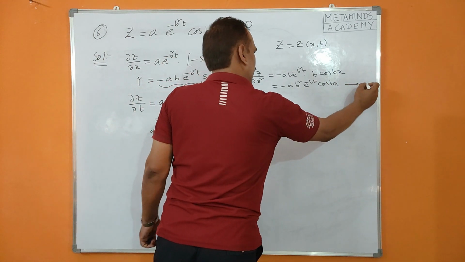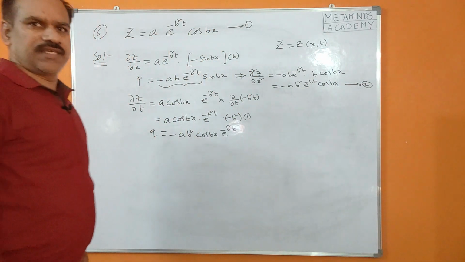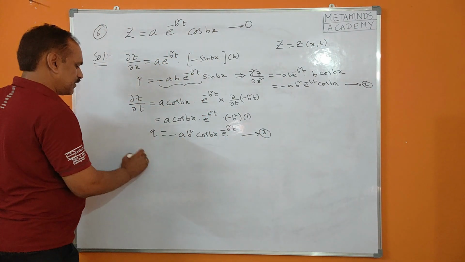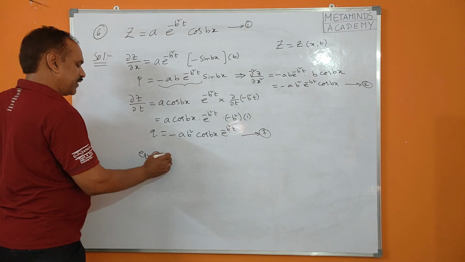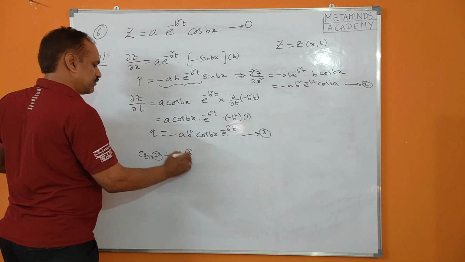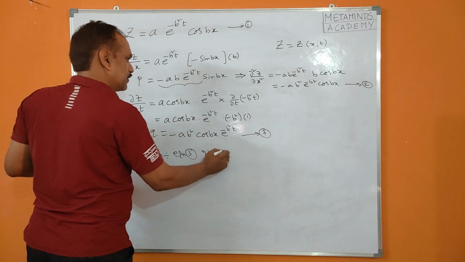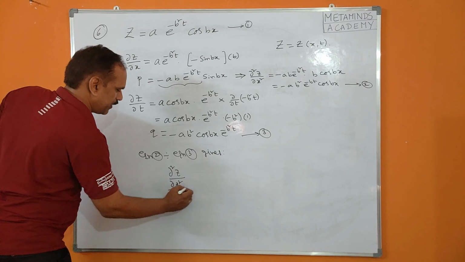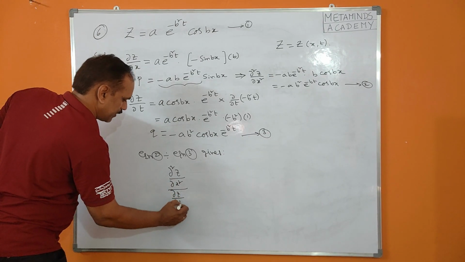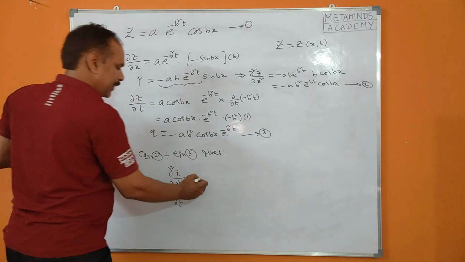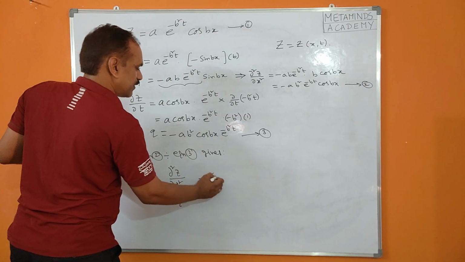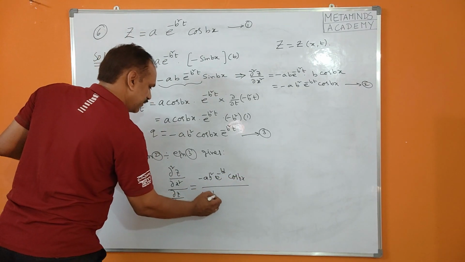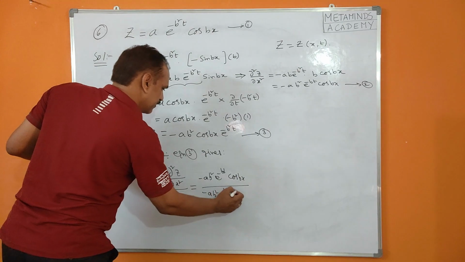Now see, suppose this is equation 2 and this is equation 3. Equation 2 divided by equation 3 gives dou square z by dou x square by dou z by dou t equal to the same thing, minus ab square e power minus b square t cos bx by minus ab square e power minus b square t cos bx.